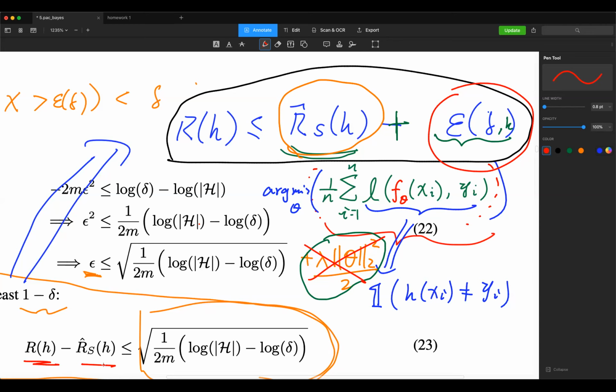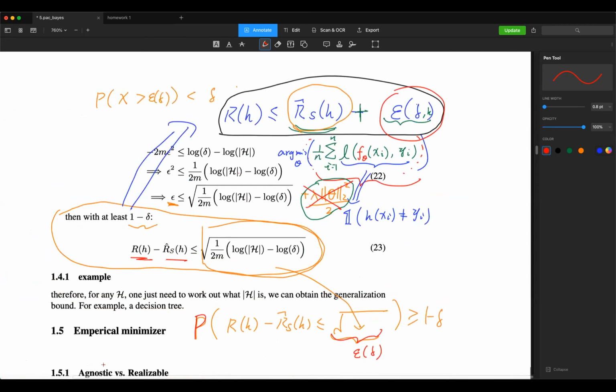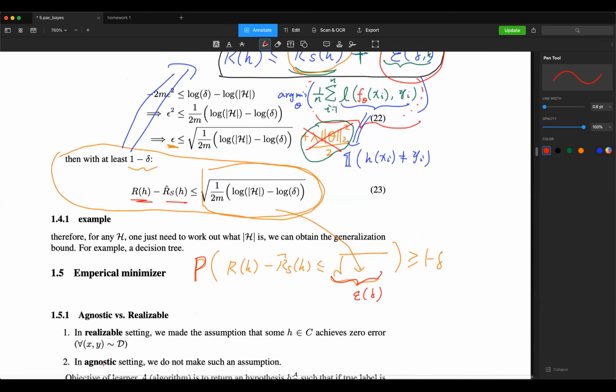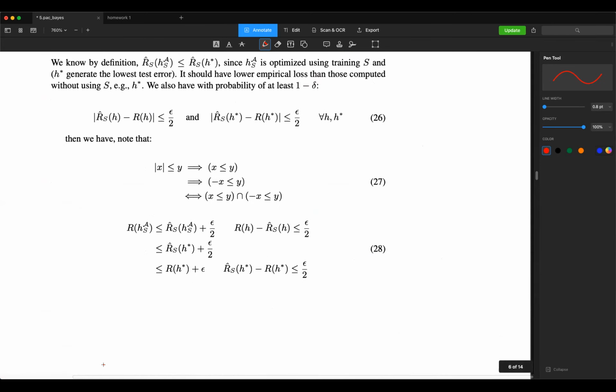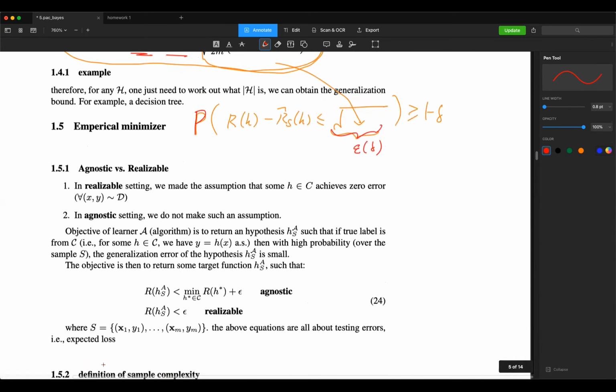Okay, so it's a good time to have a break. When we come back, we only have a few slides. In fact, we only have like one page to go. So I think we will probably spend 30 minutes to talk about the empirical risk minimizer, and then we will finish the theory part of your subject.